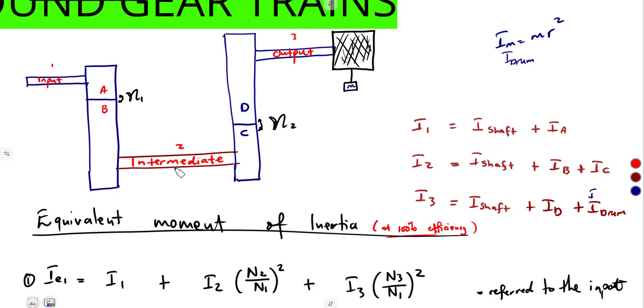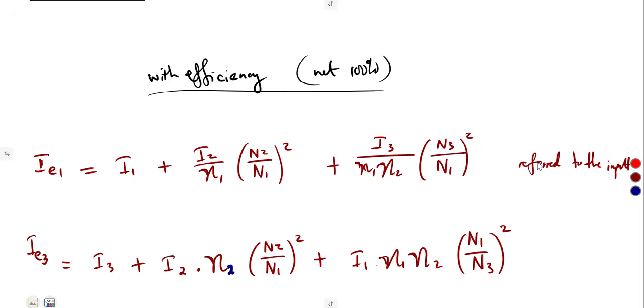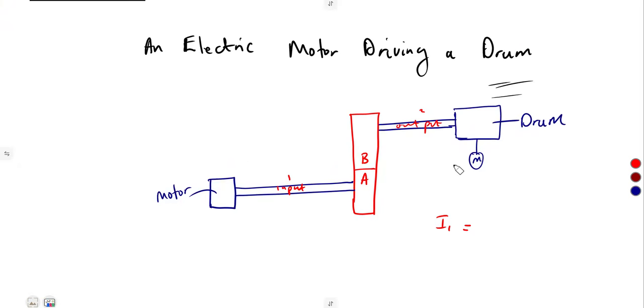When we have got this intermediate, we have to consider the shaft separately. But let's say you now have that I1, you now have I2. You have those ones already.